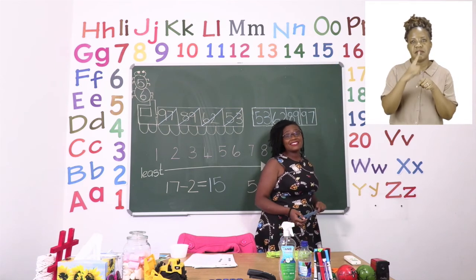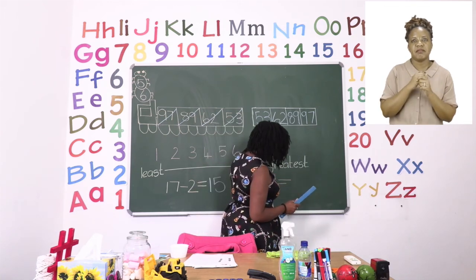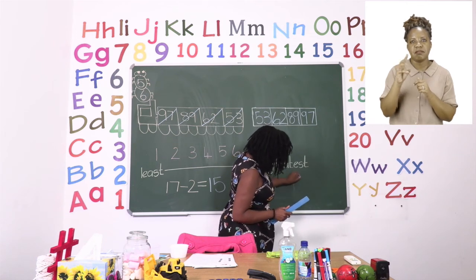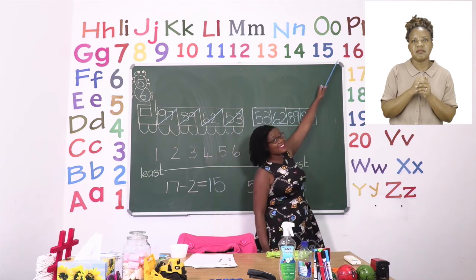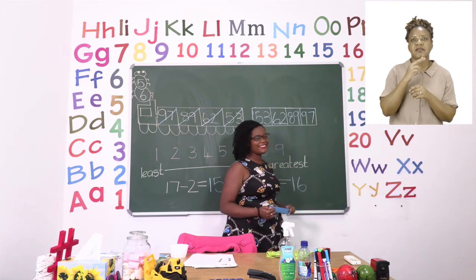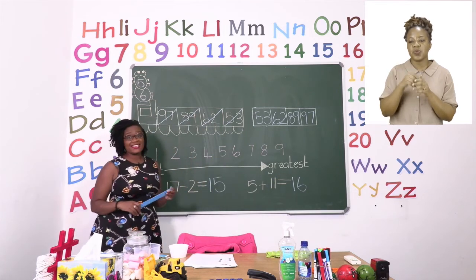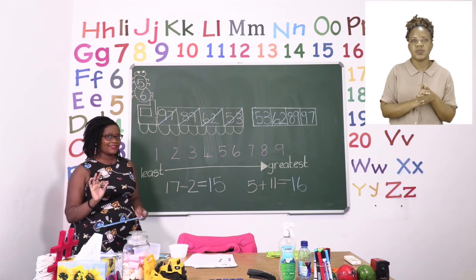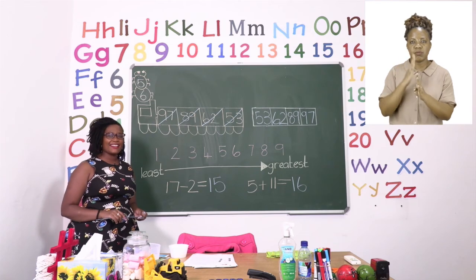So that means that our answer is 16. We landed on the number 16. So that means our answer is 16. So please take your time with both exercises. Make sure that when you're doing them, you're counting correctly. And I will see you soon after our advert break.